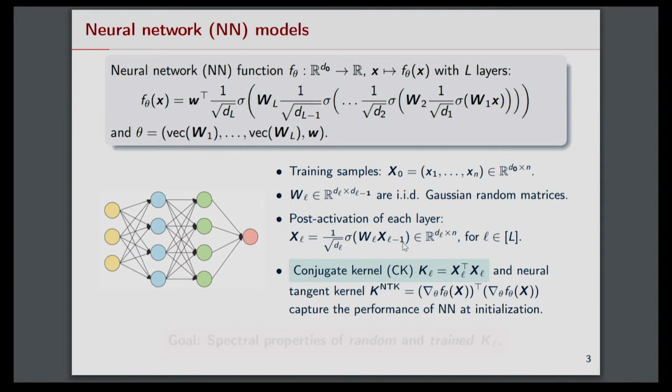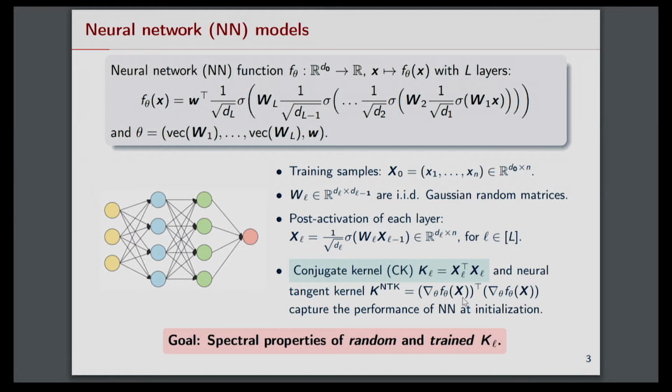There are two kernel matrices in this neural network model which are very important for training. One is the conjugate kernel matrix, which is the Gram matrix of the output at each layer, so KL defines the L-th layer CK matrix. Another is the neural tangent kernel, which can be decomposed into some combination of the conjugate kernel. In this talk, I will focus on the conjugate kernel and consider spectral properties for the random and trained CK matrix at each hidden layer.